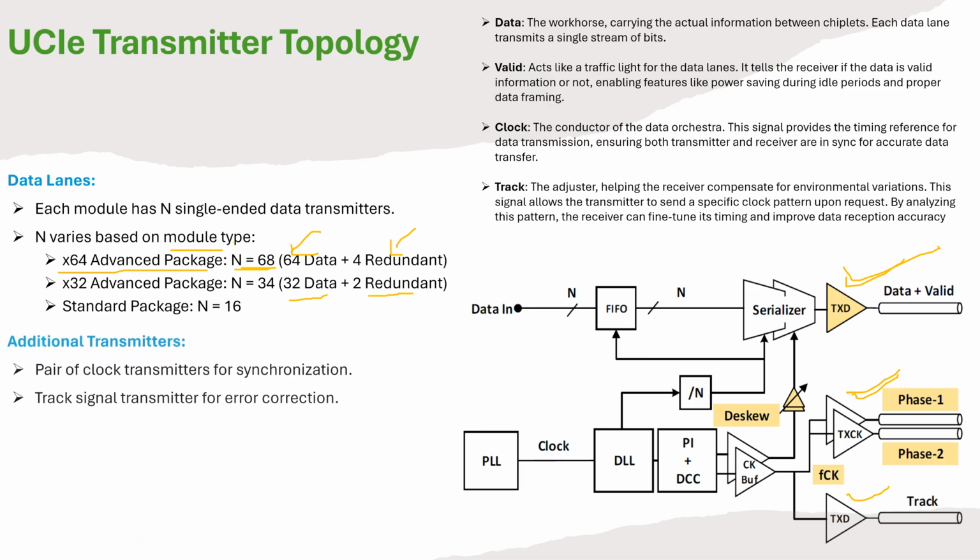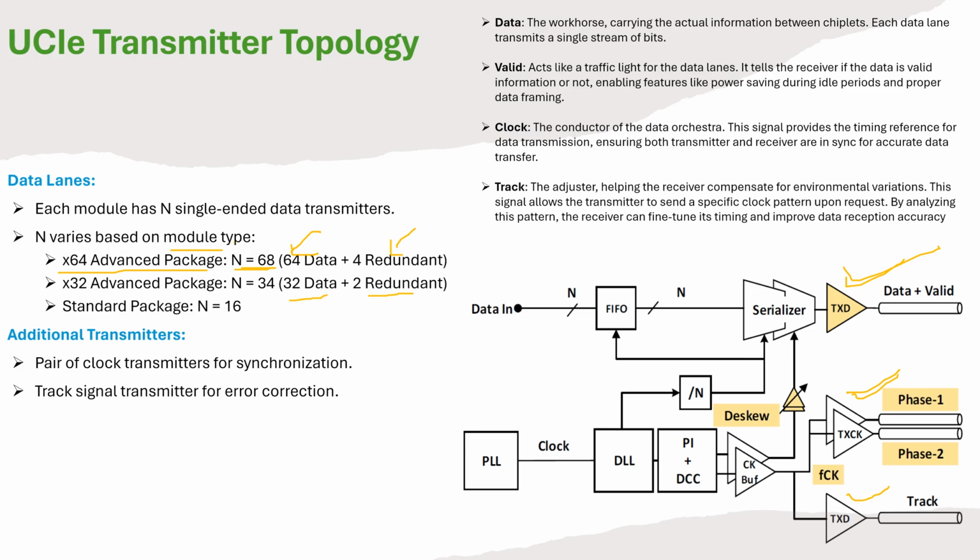We can also have additional transmitters. For example, for clock, a pair of clock transmitters for synchronization. At the same time, a track signal transmitter for error correction. So this is track, these are the clock pair, and we have data, for example 68, and valid 4.